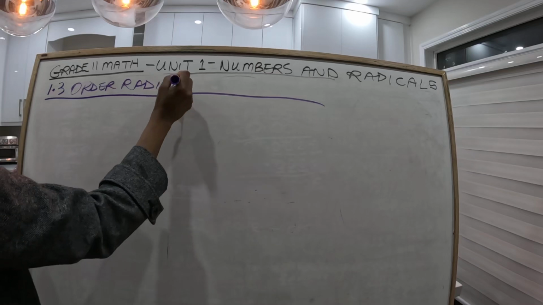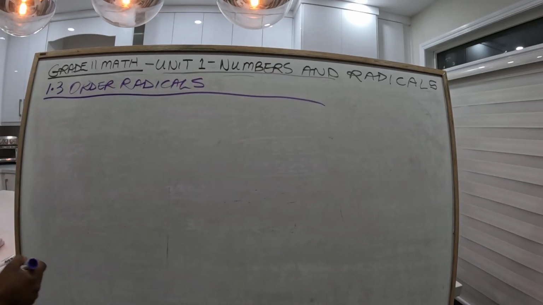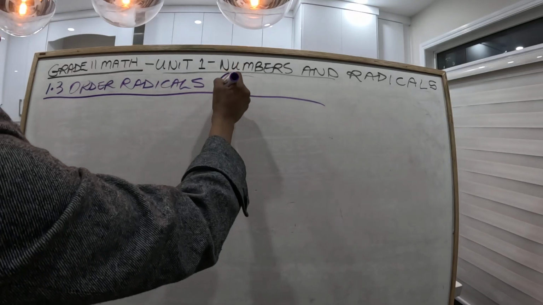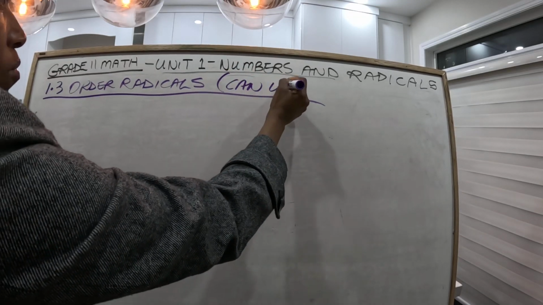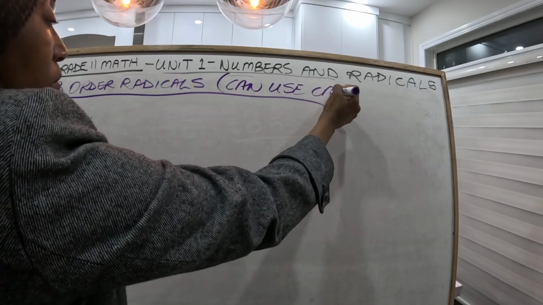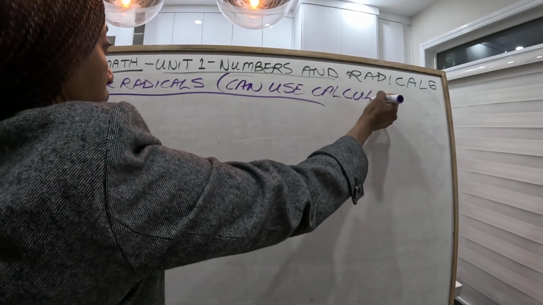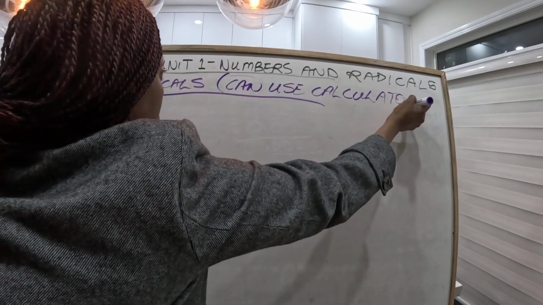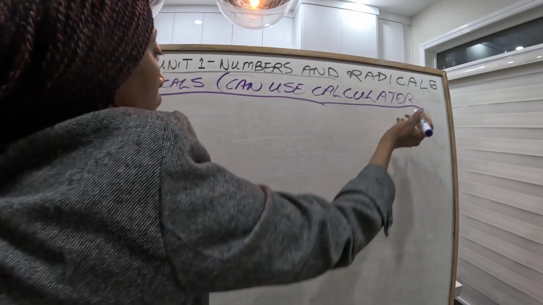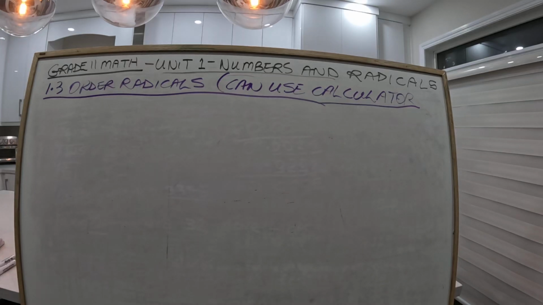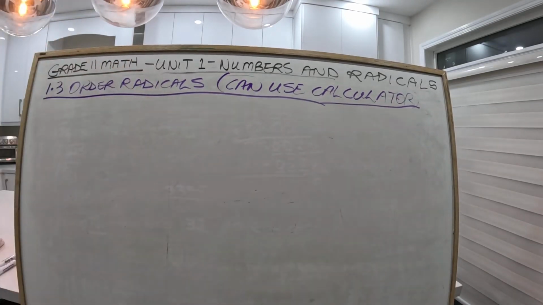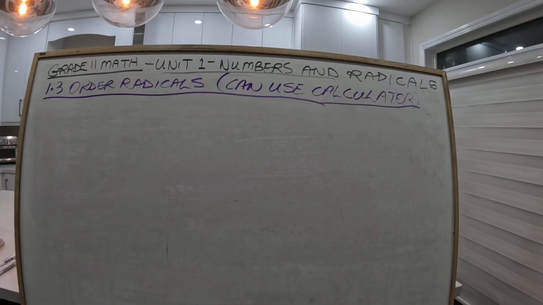So once you do those other questions, then you'll kind of figure it out. And in this case, you can use a calculator. The previous lesson was just to give you an understanding of how to identify the square roots and the squares, but you are allowed to use a calculator.